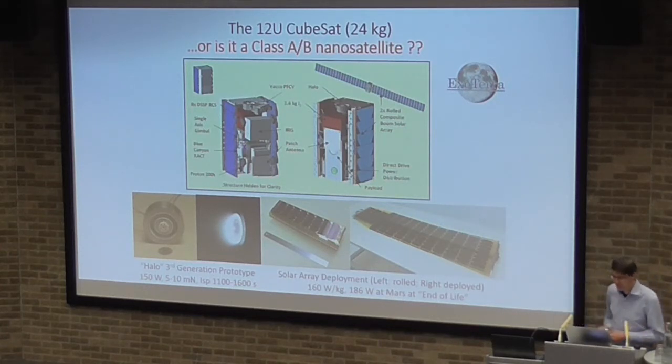Well, it's debatable. Anyway, it's clear to me that it's not a cube, not a cube for sure, because it's 3 by 2 by 2. But it's a satellite for sure, and uses solar electric propulsion.